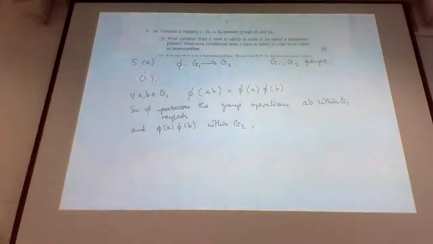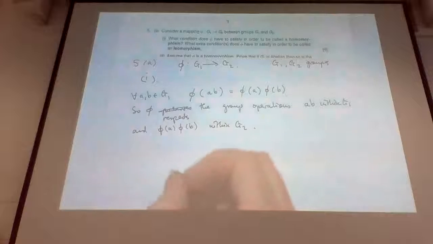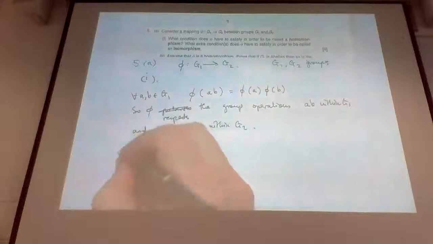So a particularly nice kind of homomorphism is an isomorphism, which means, what did you say? Bijective, yeah.